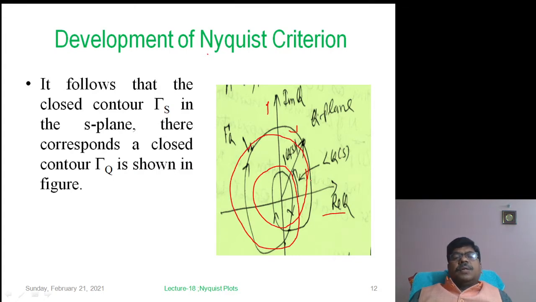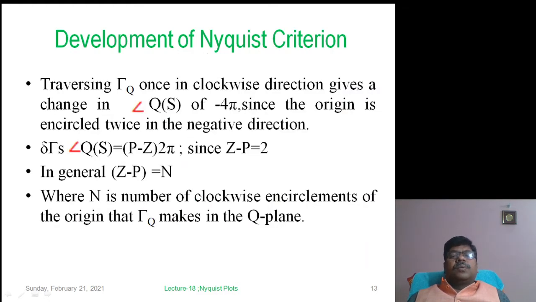So, what is the net angle? This point travels around the origin twice.